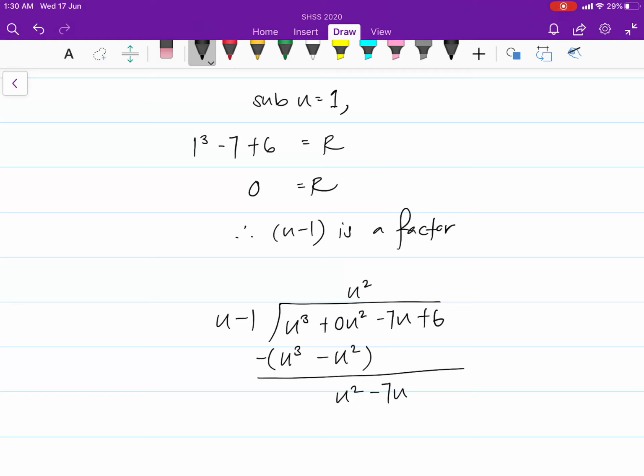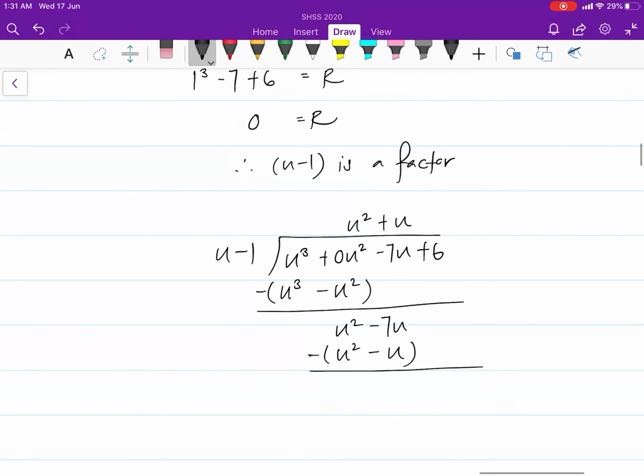I want to remove u squared, so I multiply by a u here. So u squared minus u. Minus 7u plus u is minus 6u plus 6. Here, I just need to do minus 6. Minus 6 times minus u is minus 6u plus 6.